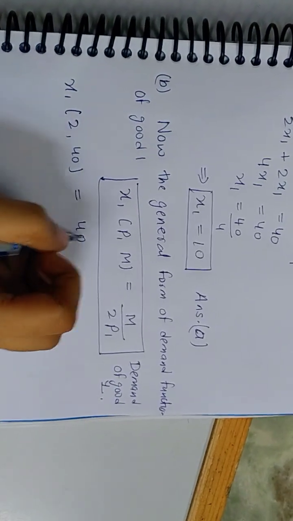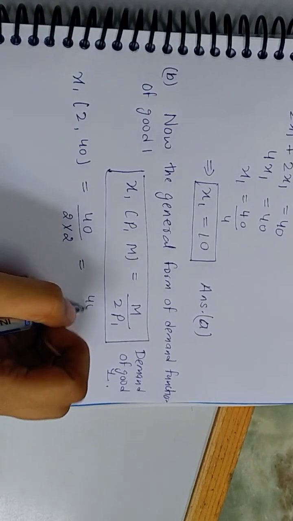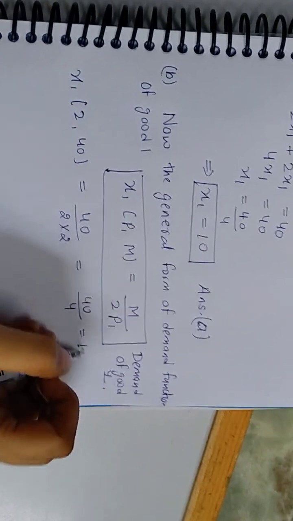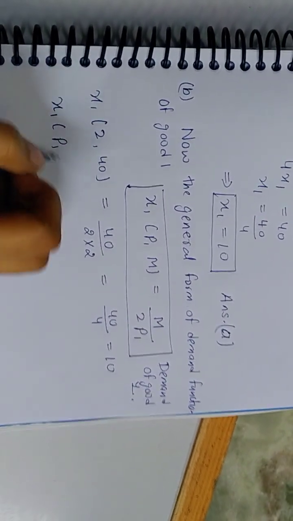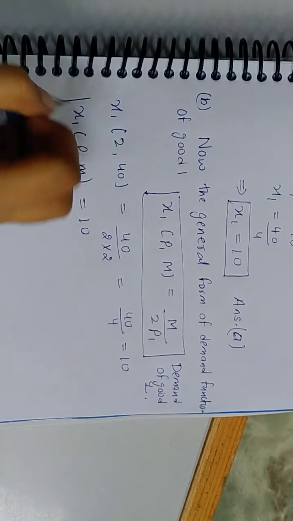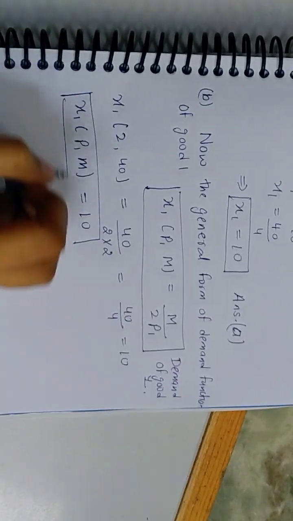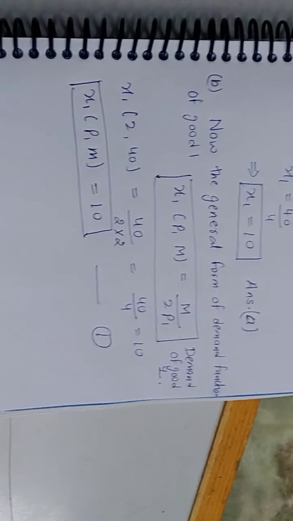The alternative way gives the same answer: x1 at original price and original income would be 10. This would be used further, so we mark it as equation 1.